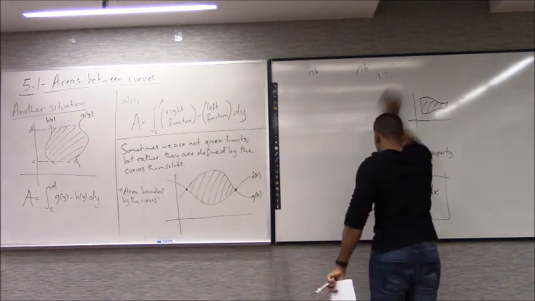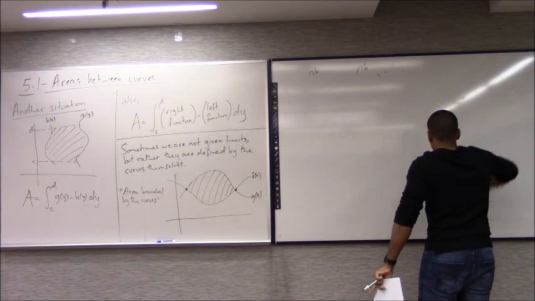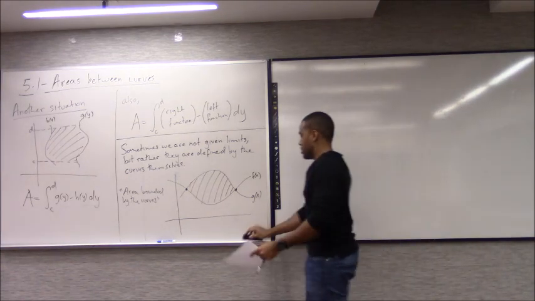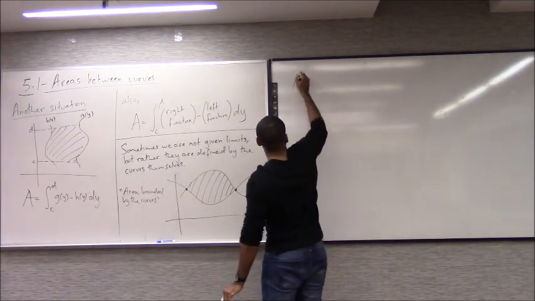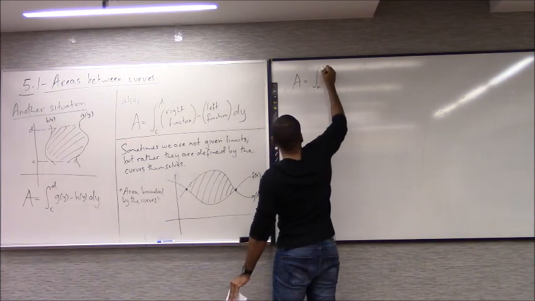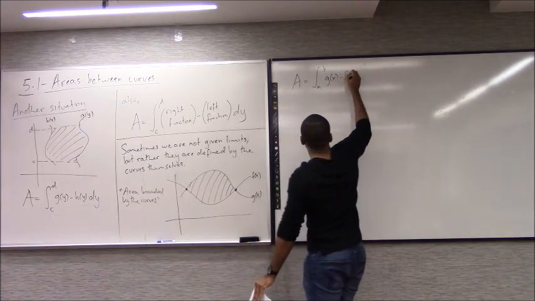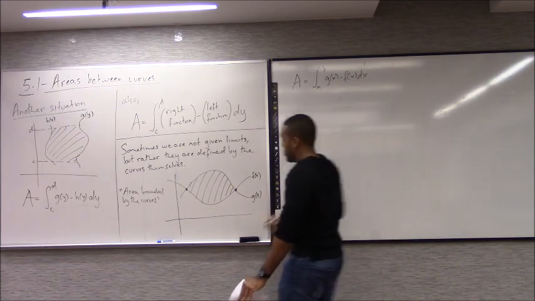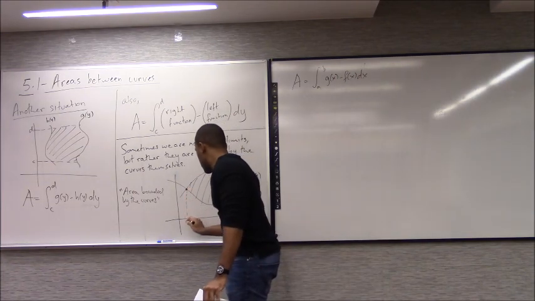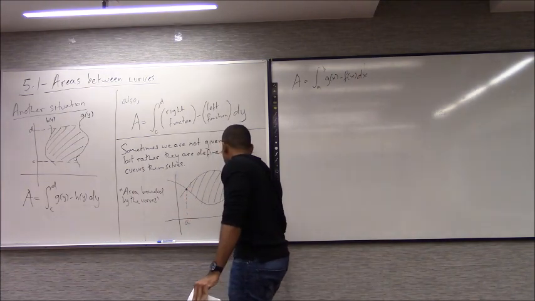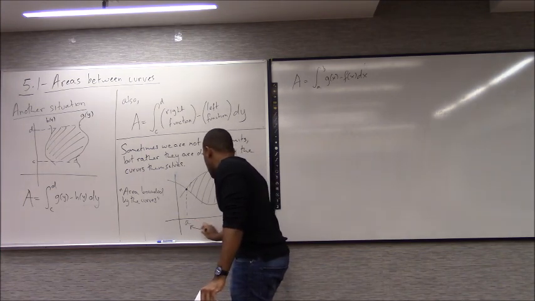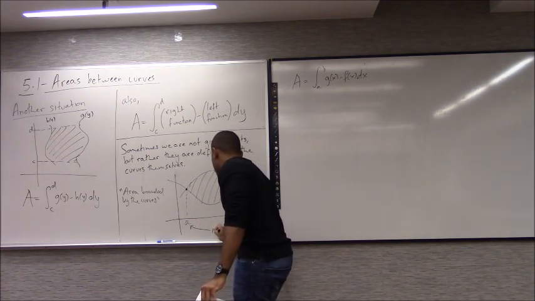What's the area between those curves there? g of x minus f of x. It's g minus f in this case. So the area here is the integral from a to b of g of x minus f of x, assuming that I can find these, a and b.